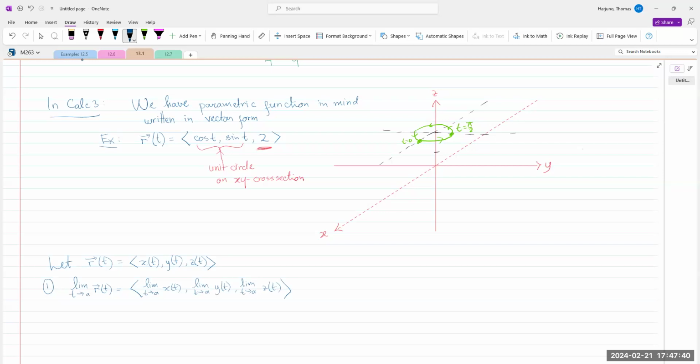Okay, for example, let r(t) be 1 plus t squared, t squared e to the negative t, and then sine t over t.